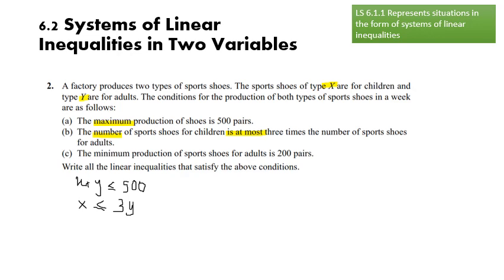Lastly, C. The minimum production. So, minimum production of sport shoes for adult is 200 pairs. So, dia kata adult. So, adult tadi adalah Y. Dia kata minimum production. So, minimum. So, maksudnya, dia kenalah produce more than 200.